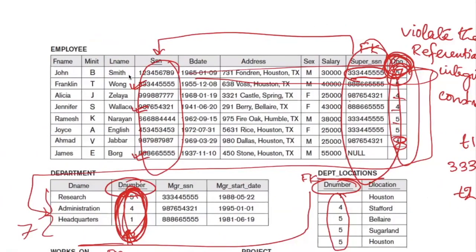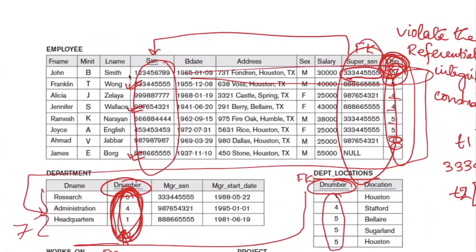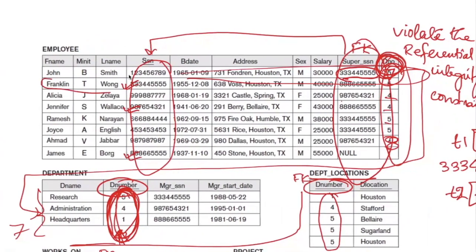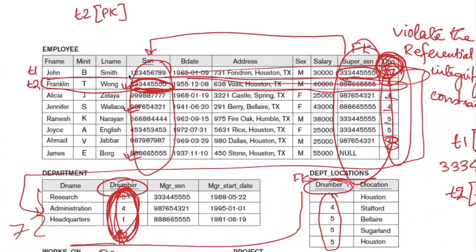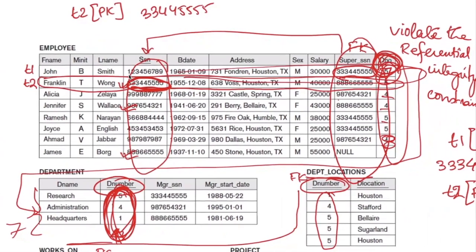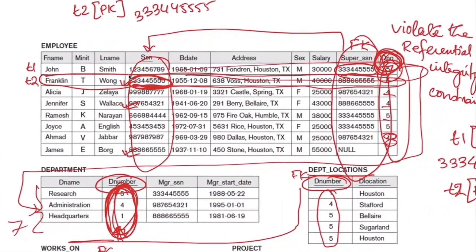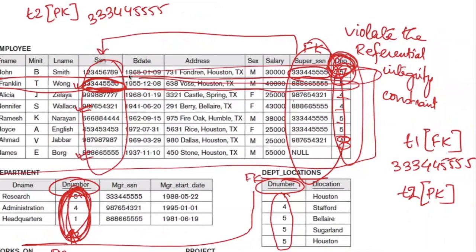So I must find a tuple T2 with the same value as the primary key. Can I find it? Yes. Which one is my T2 now? This one. If this is my T1, this is my T2, because for this tuple T2, the value of the primary key, which is SSN, is equal to 333445555.